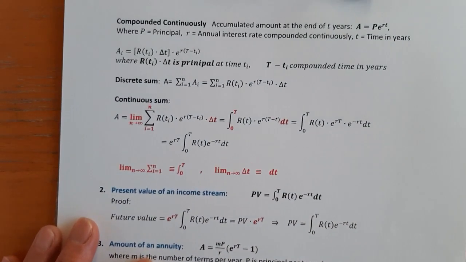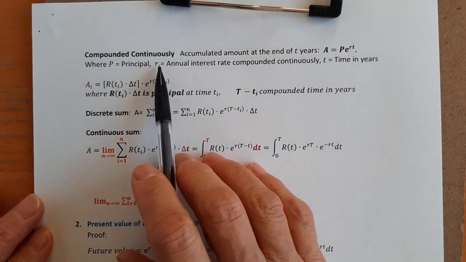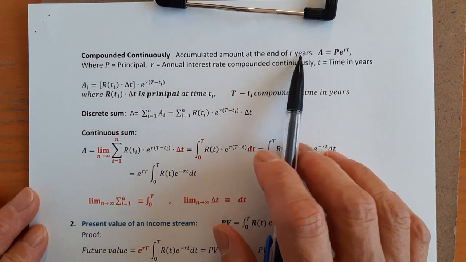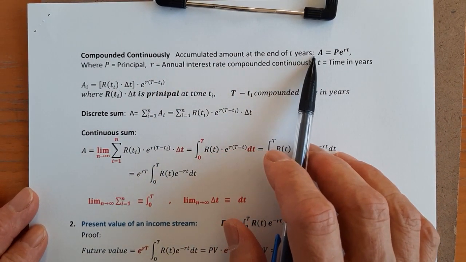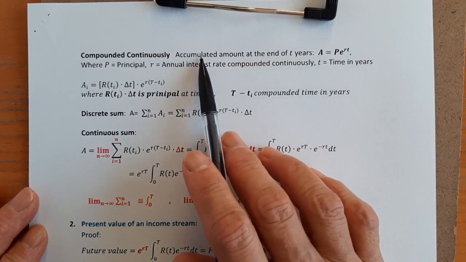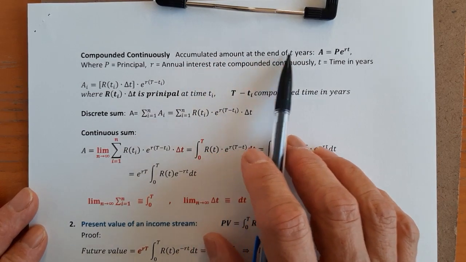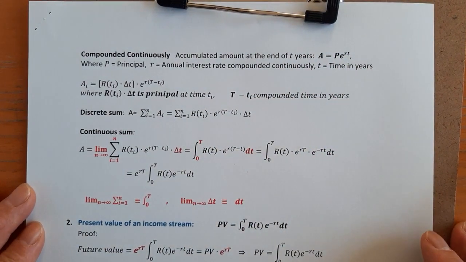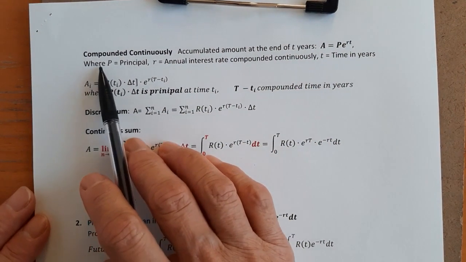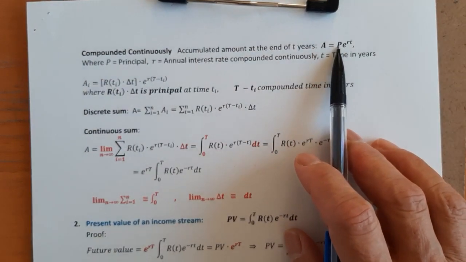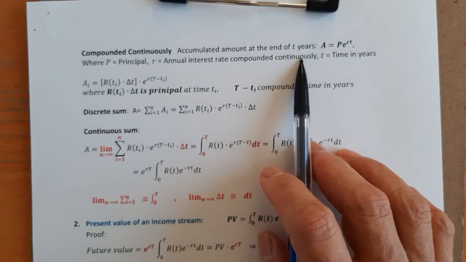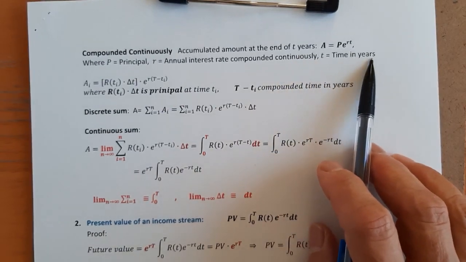And next, compounded continuously. The accumulated amount at the end of T years is this formula. That's what we learned before. P is the principal, r is the annual interest rate compounded continuously, T is how many years.